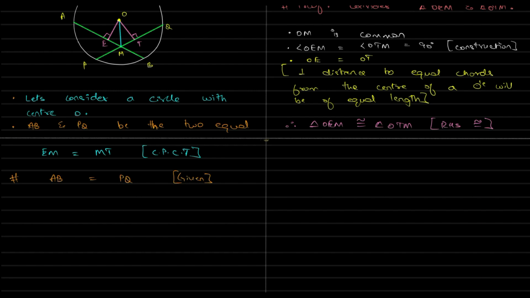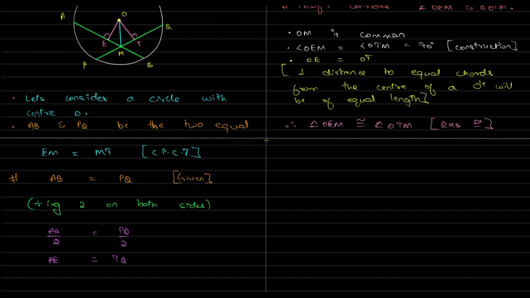Now we are going to divide by 2 on both sides. So what will we get? We have AB by 2, which is equal to PQ by 2. But AB by 2 will give us AE and PQ by 2 will give us TQ.